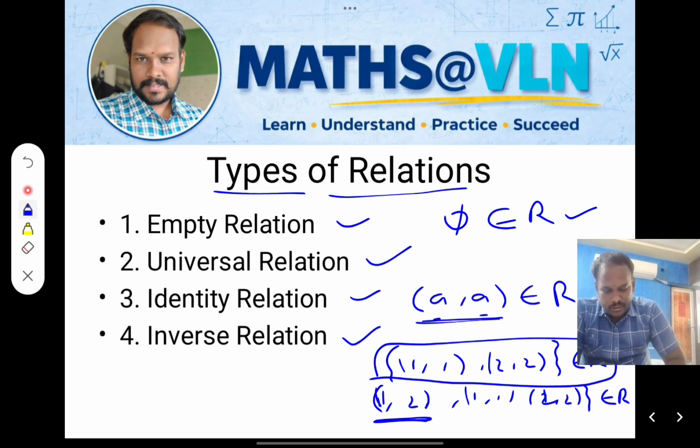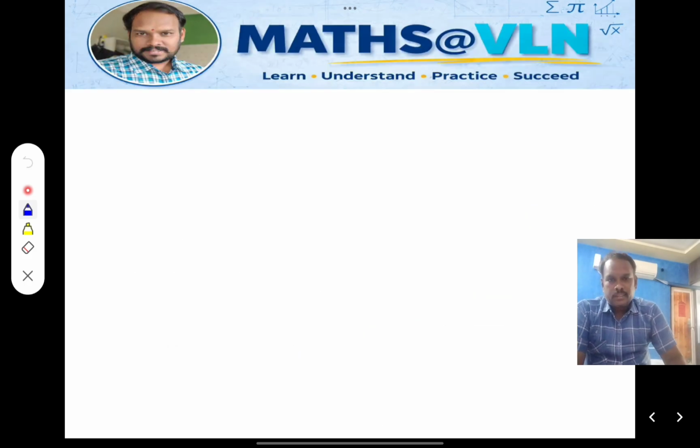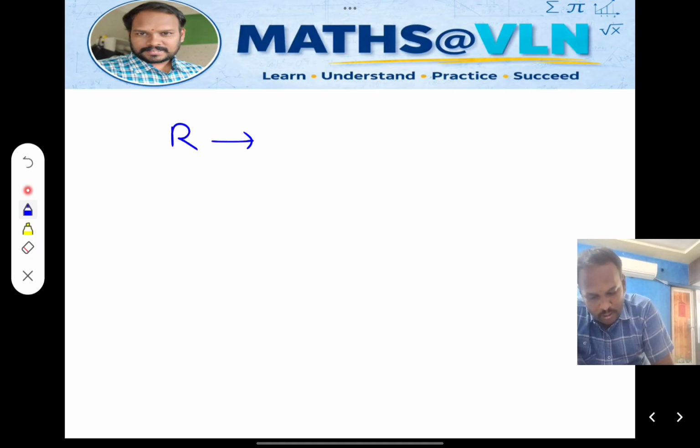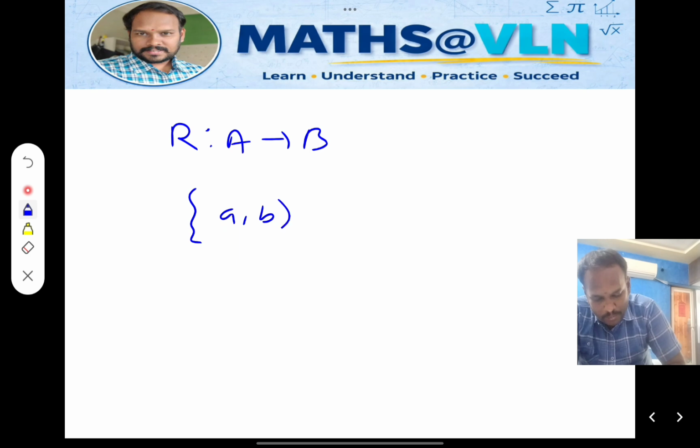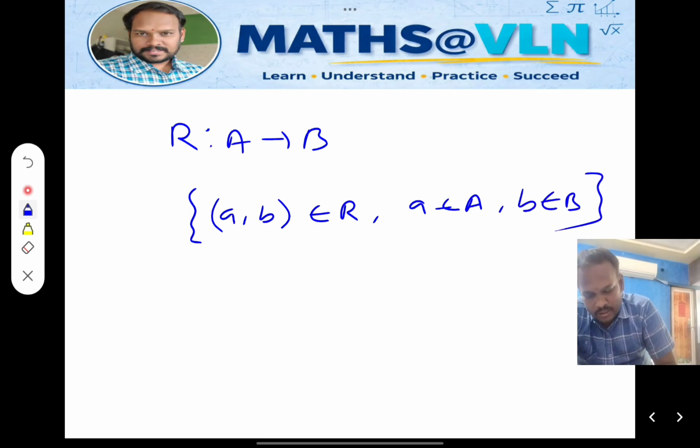And now inverse relation. What is an inverse relation? For example, if you take a relation R from A to B, the elements in the set R are (a, b) belongs to R, where a belongs to A, b belongs to B. This is the ordered pair for this relation, right?